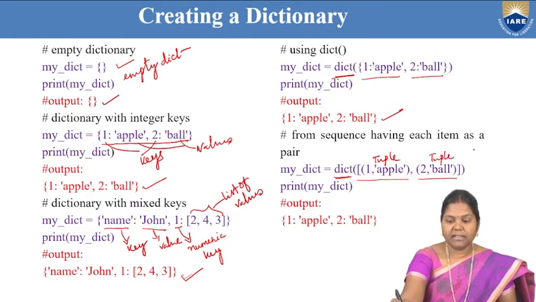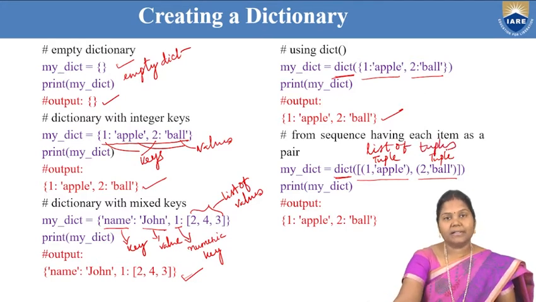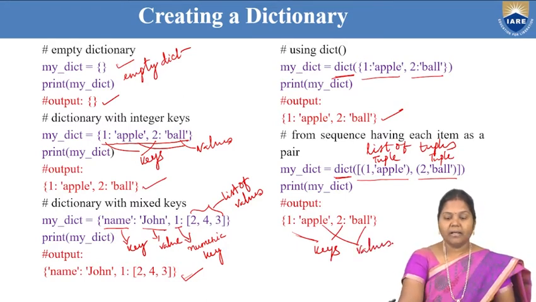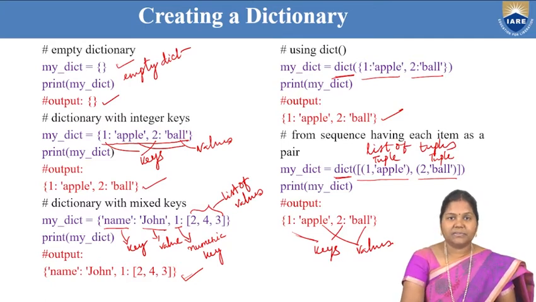So 2 tuples are given. So this is a list of tuples. From the list of tuples, we are going to create a dictionary. So you can see here 1 and 2 are known as the keys and apple and ball are known as the values. This way a dictionary can be created from sequences also.